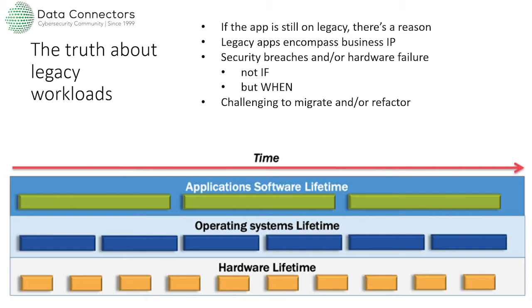A second reality is that at some point security breaches and hardware failures really are not a question of if, they are a question of when. As hardware becomes older and older, it breaks down more and more frequently.